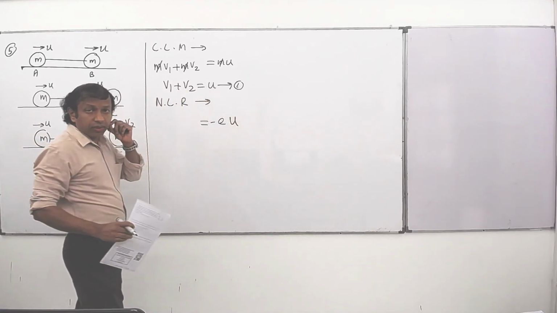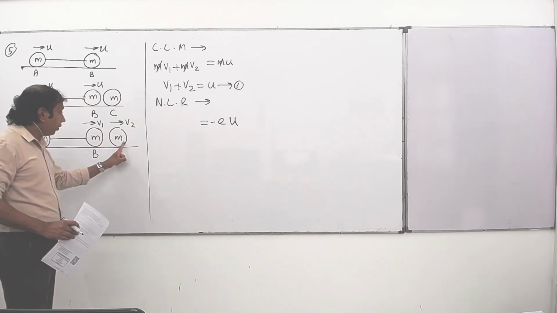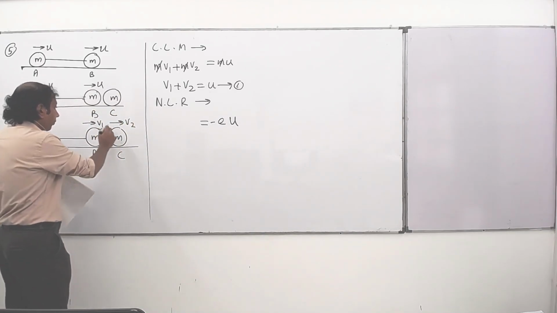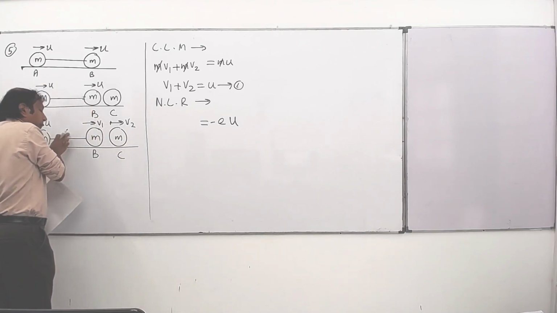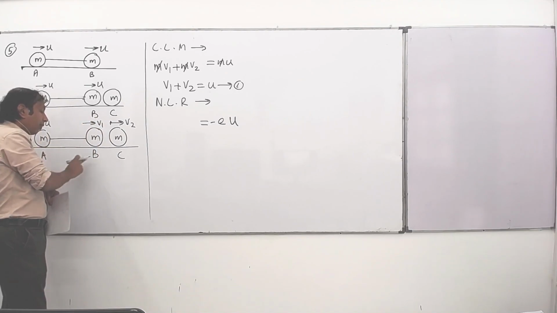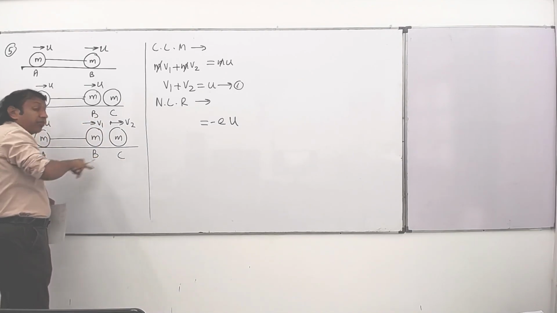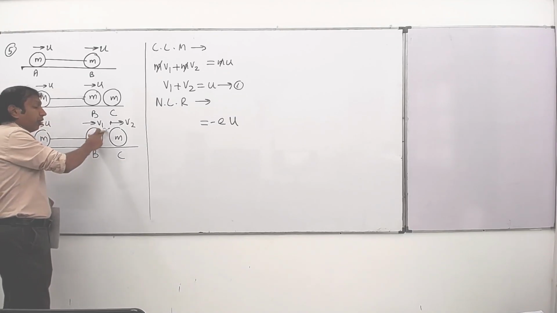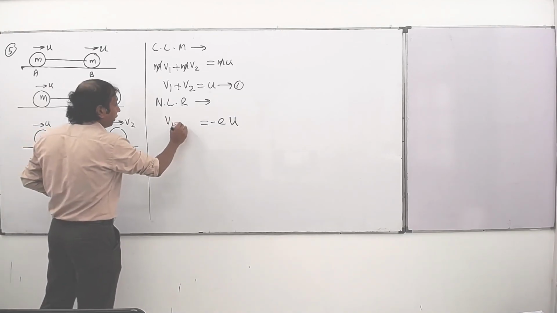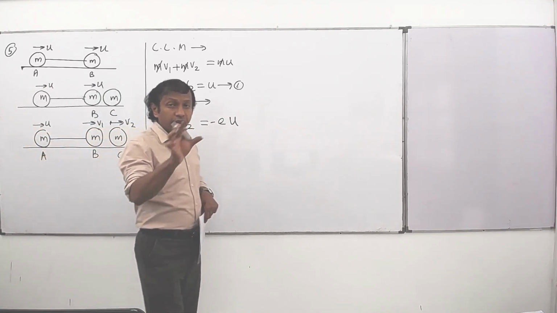After impact, again find the velocity of B relative to C. Stop C. Apply V2 leftward. The same V2 applied onto B leftward. Then this B will have rightward V1, leftward V2. The rightward resultant velocity is therefore V1 minus V2. That should come here. That is the velocity of B relative to C after impact.